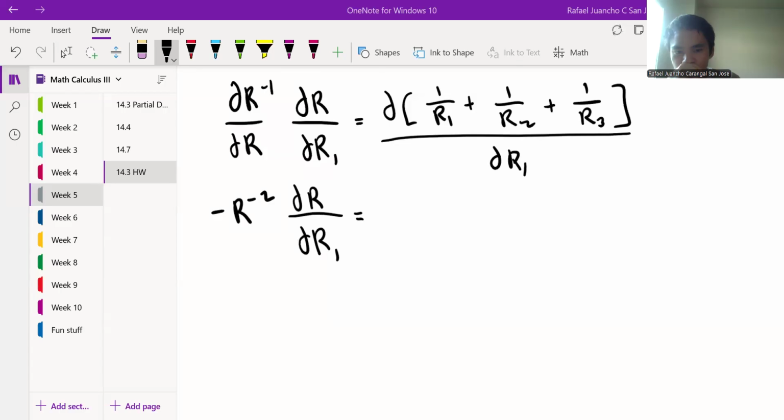So if we take the derivative of this thing now, we have constants. These are zeros. This one is R1 to the negative 1, and so we take the derivative of that, we get negative R1 to the negative 2. Now we have this thing, so we just isolate it.